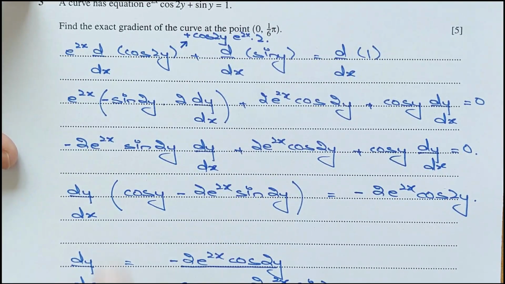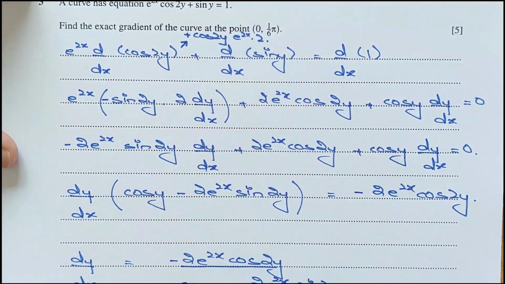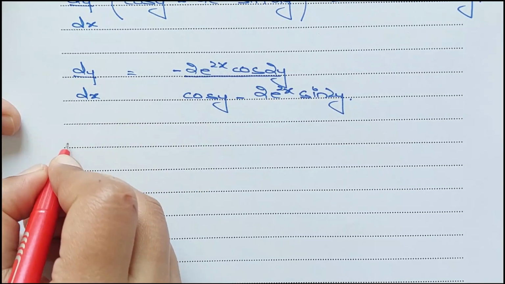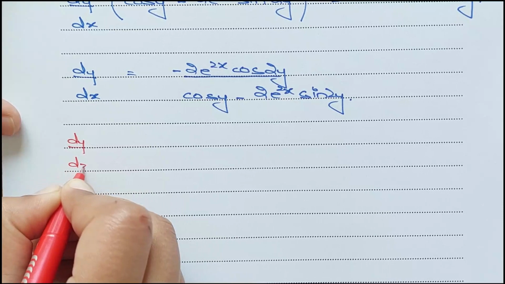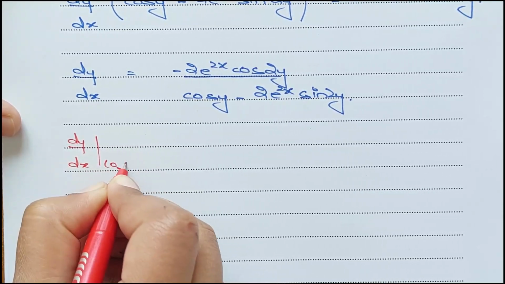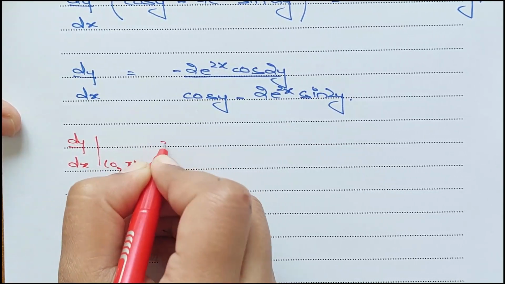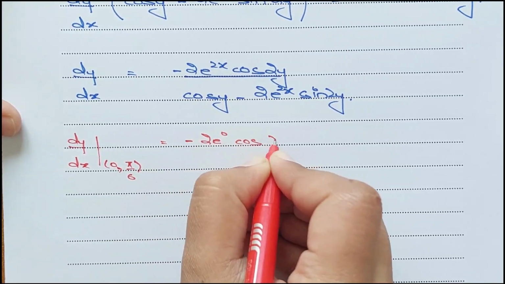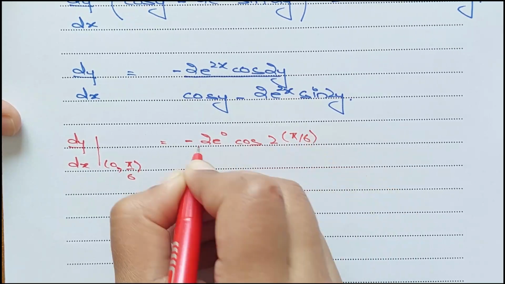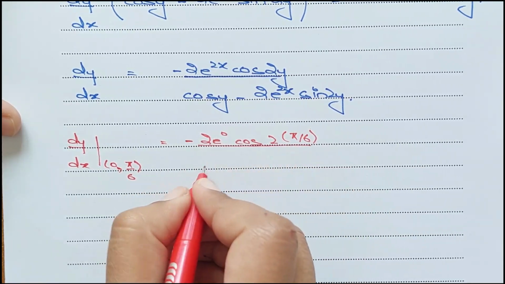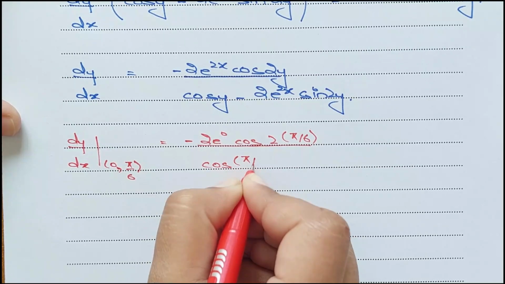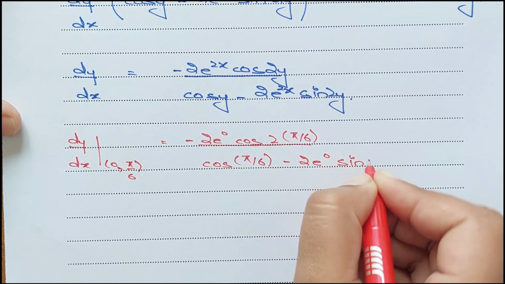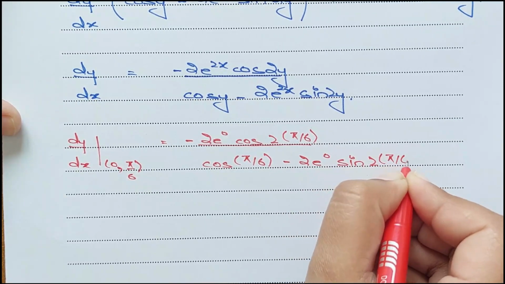Now we need to find the exact gradient of the curve at the point (0, π/6), right? Let me substitute the point. So dy/dx at x = 0 and y = π/6. So we have minus 2e^0 cos(2 times π/6) over cos(π/6) minus 2e^0 sin(2 times π/6).